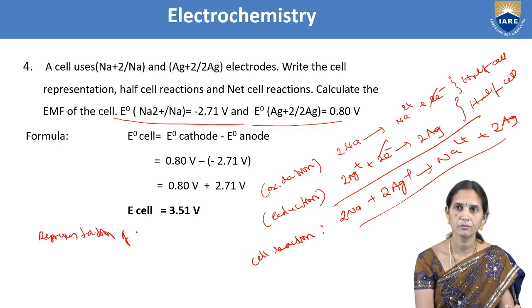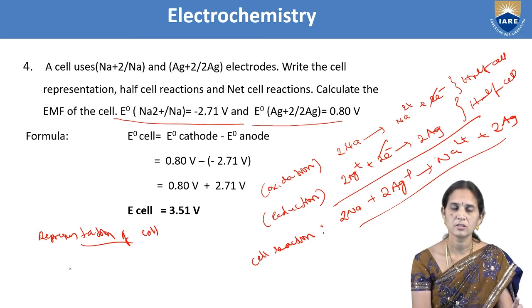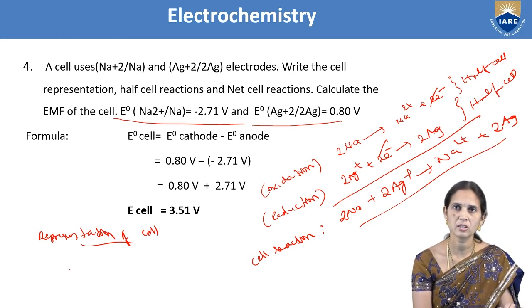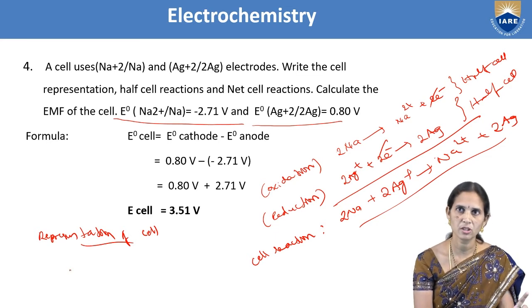So we can write the representation of the cell. Here silver electrode will act as a cathode and sodium electrode will act as an anode. So first we have to write the anode, sodium.